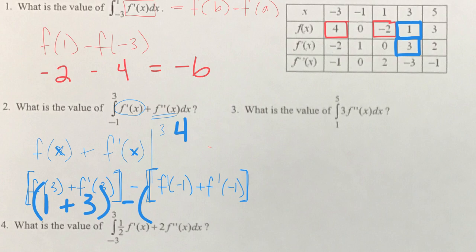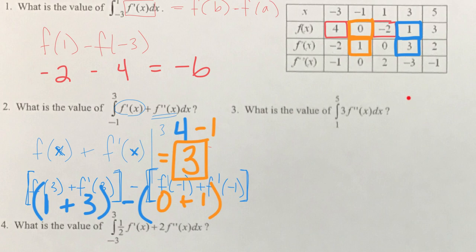So at negative 1, y is 0, plus f prime at negative 1, which is 1. So 0 plus 1 is 1. 4 minus 1 is 3. So the answer to this one is going to be 3.